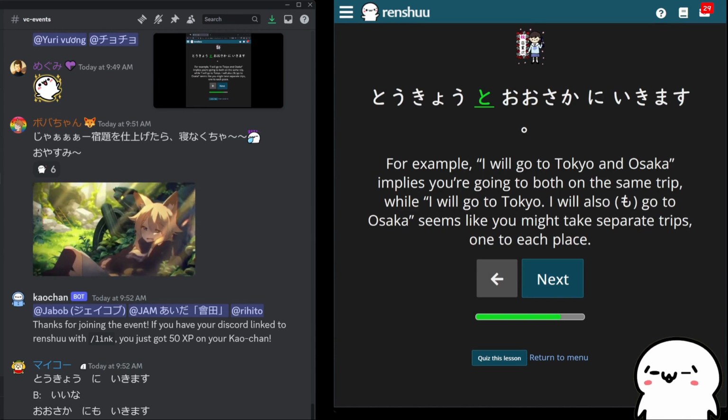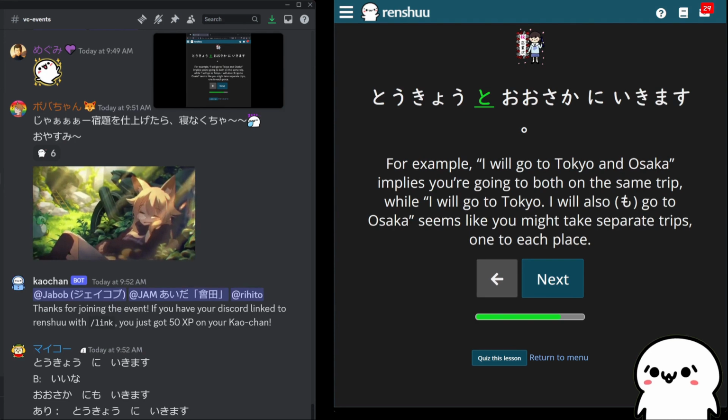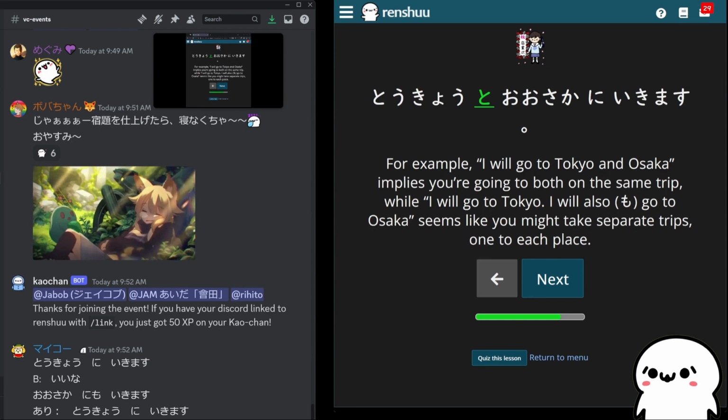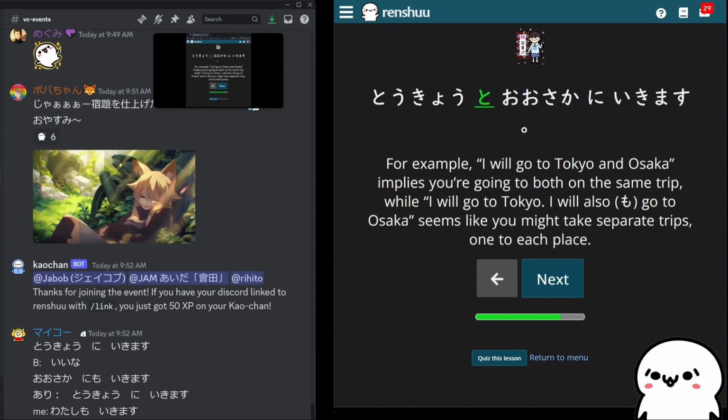So let's say I see Adi typing. So Adi says, "Tokyo ni ikimasu." Adi's going to Tokyo. And then I say, "Watashi mo ikimasu." I will go as well.